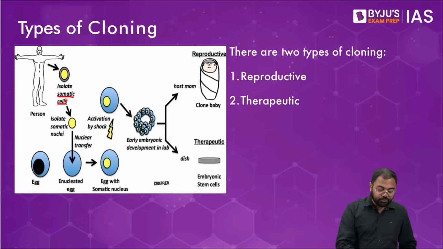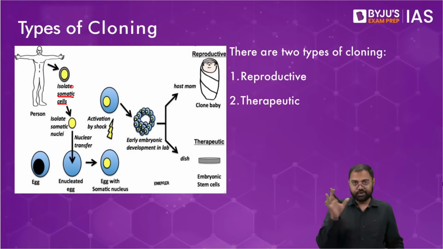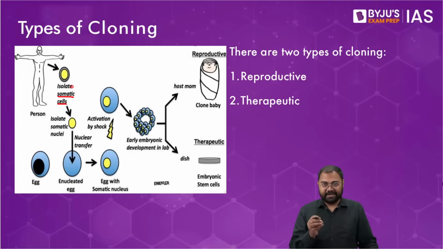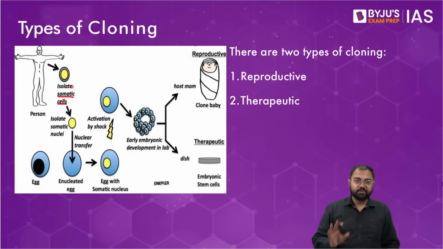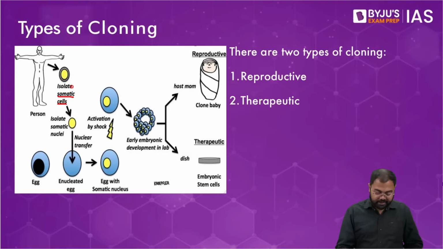So, first and foremost, we will isolate somatic cells, and here we have shown a human. It need not necessarily be a human, it can be an animal. So first you have to isolate somatic cell from the person, or let's say from the animal. And from this somatic cell we'll first take out the nucleus.